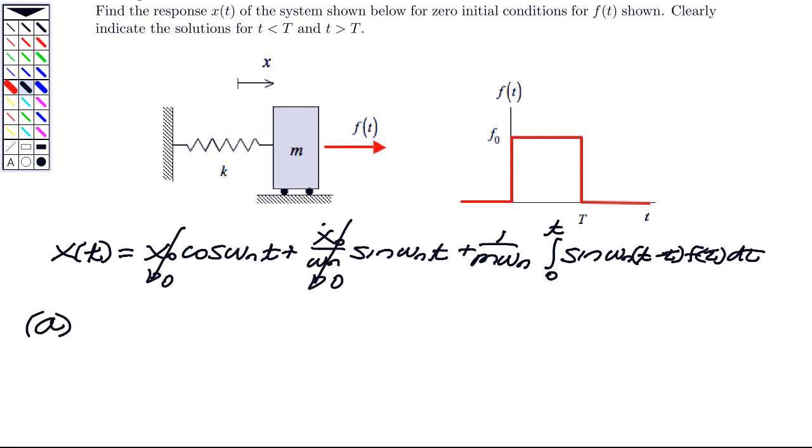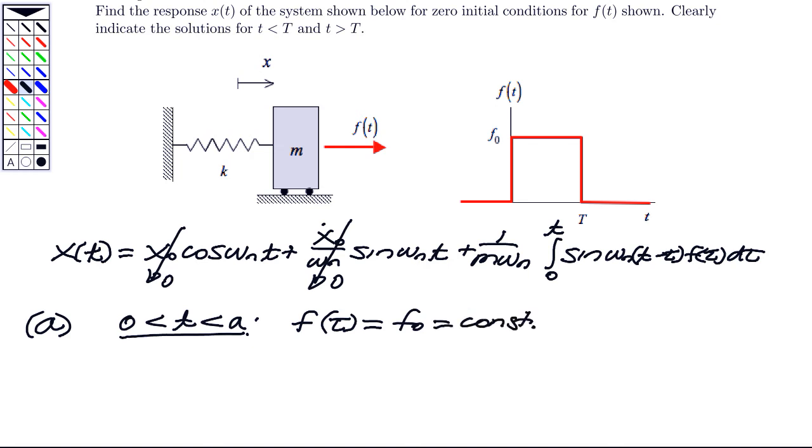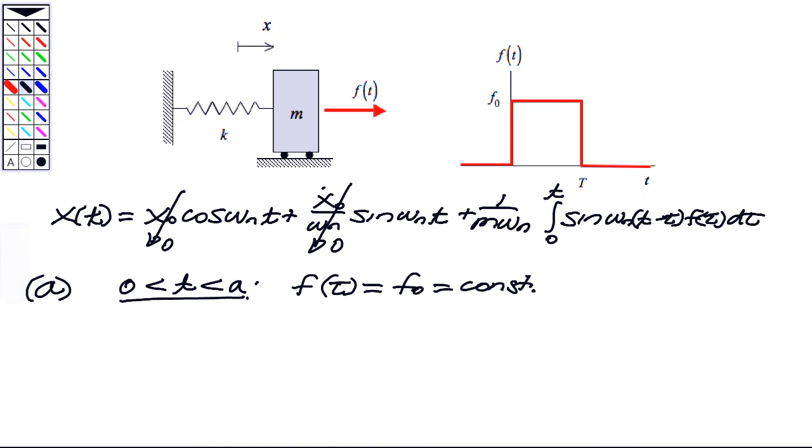One, when we're looking at a response time somewhere when the pulse is turned on. And in this range, our forcing within the integrand here is going to be f naught, which is a constant. I'm going to do a simple change of variables here.